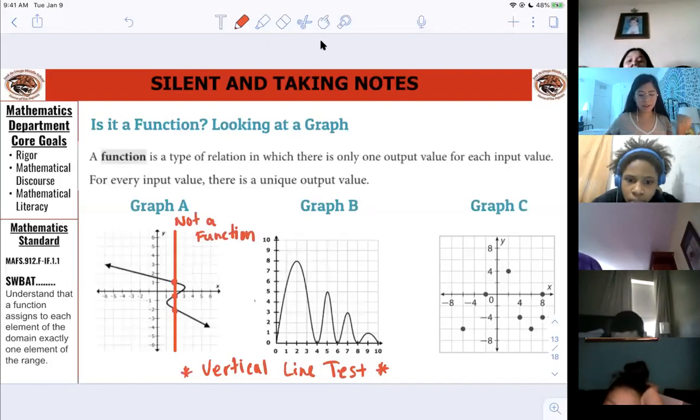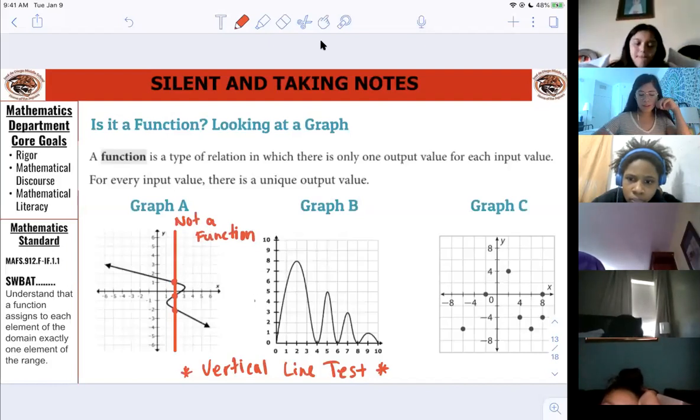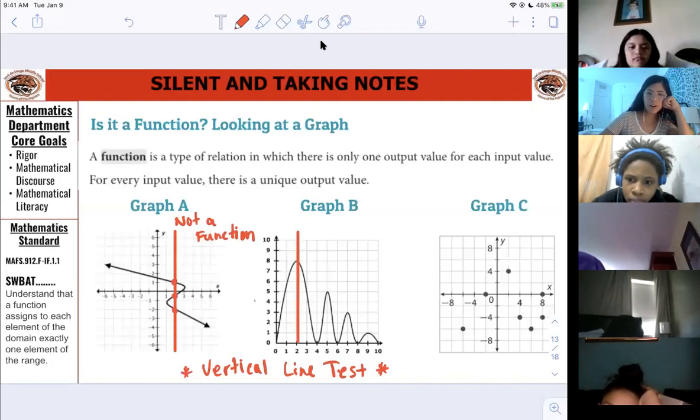Now let's look at B. You can't really put a line there, but I'm gonna put a line anyways. How many times does my line cross that wave? Just once. So are there any points stacking up on top of each other? No. And I can do that in a few places just to check.